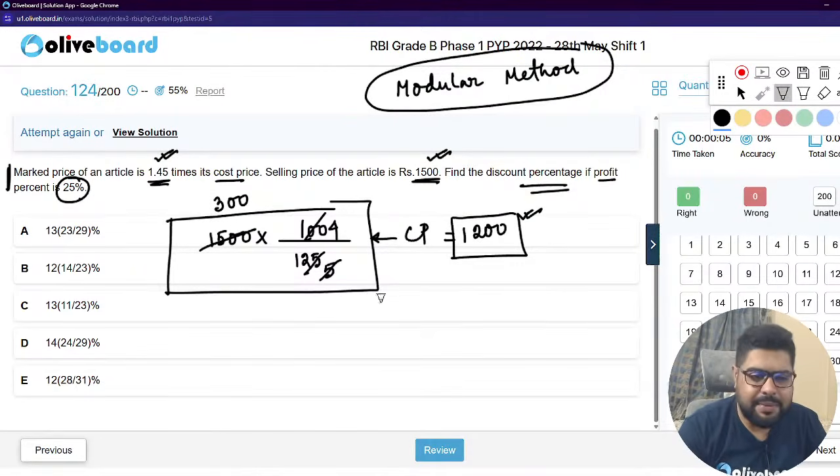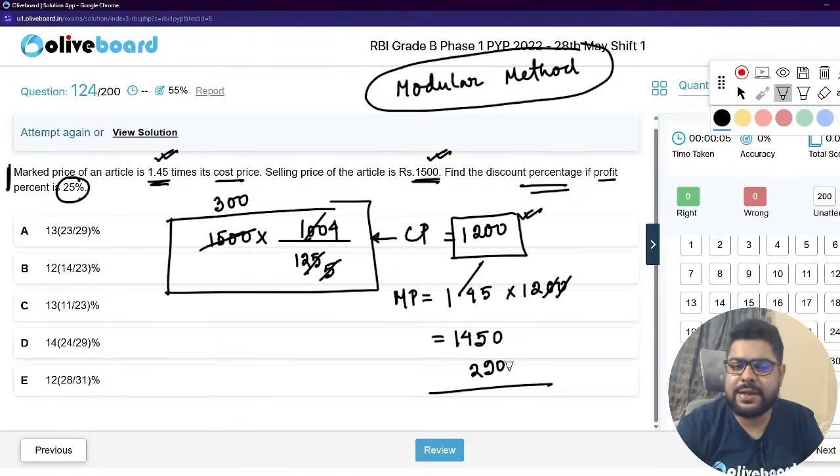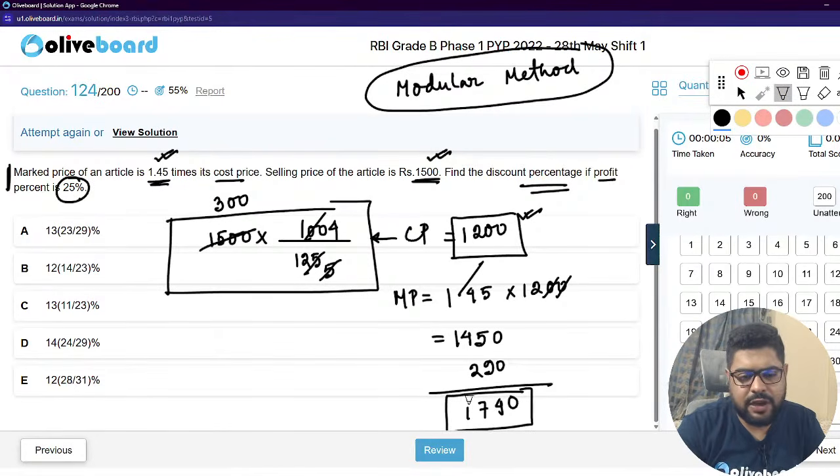So what will be my MP? Sir, MP is 1.45 times of this. Do one thing, the 00 gone, and this decimal sign gone. So 145 into 12. So 145 into 10 is 1450, into 2 is 290, sir. So 0, this is 4, this is 1, sir. 5 2s are 7, and this is 1. 1740 rupees.